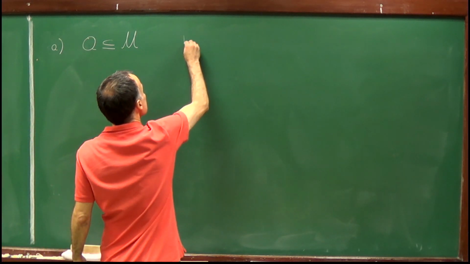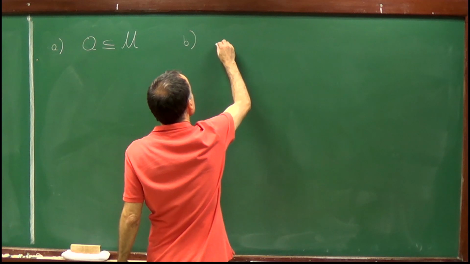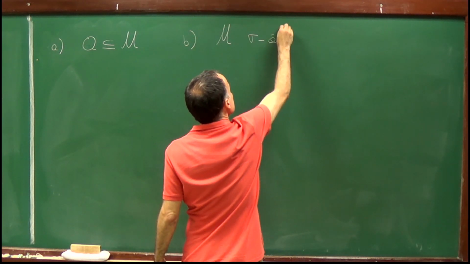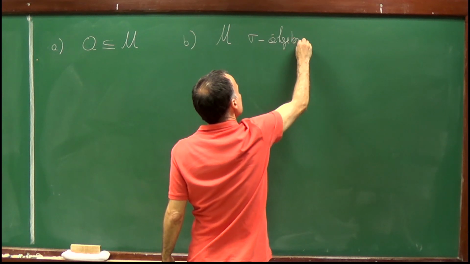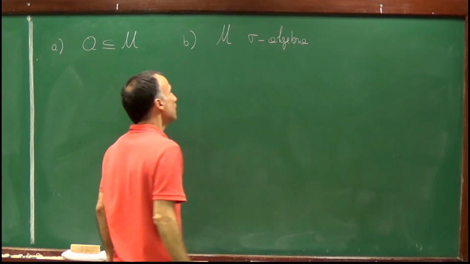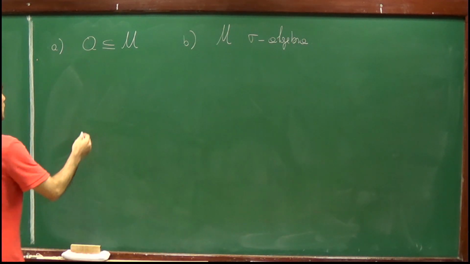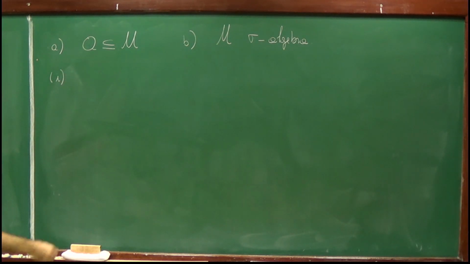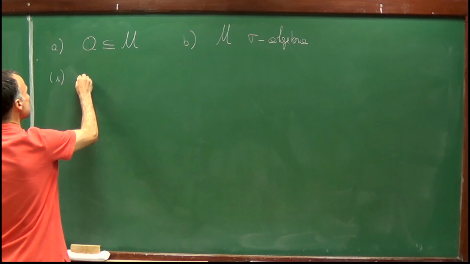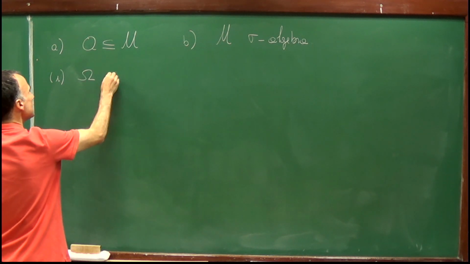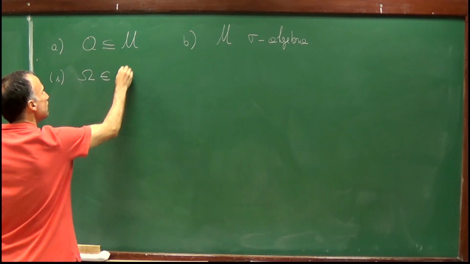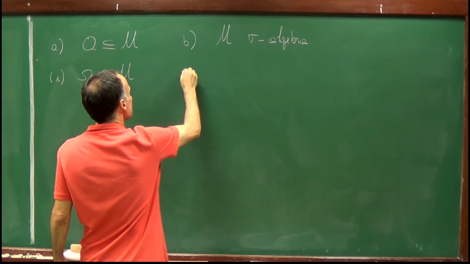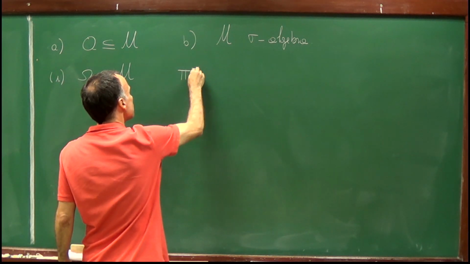Now let's prove the second property of M, that M is a sigma algebra. So we need to show three properties of M. The first one is that the empty set, or omega, belongs to M. So let me just remind you what we need to show in order to prove that omega belongs.